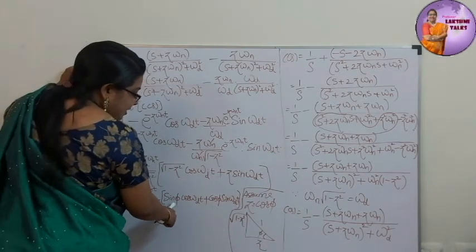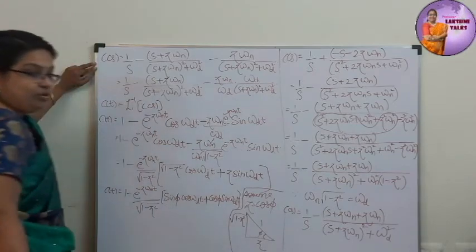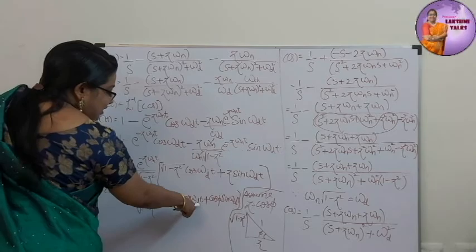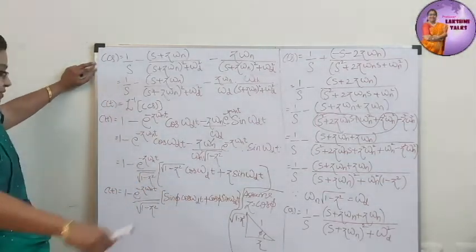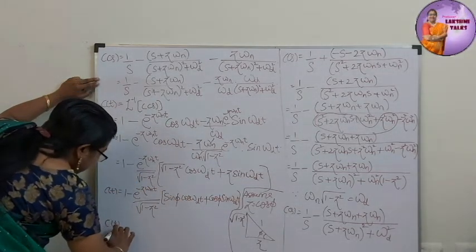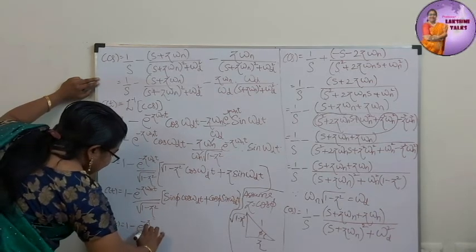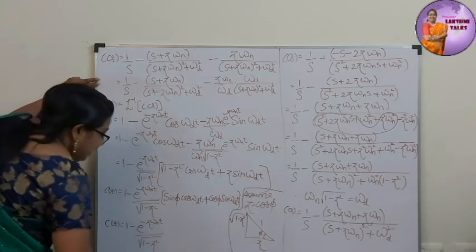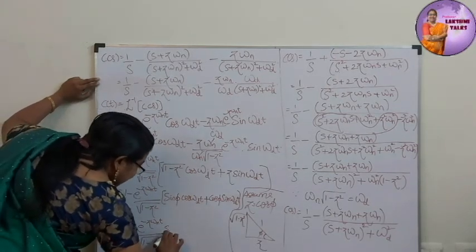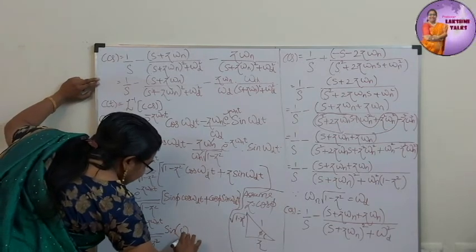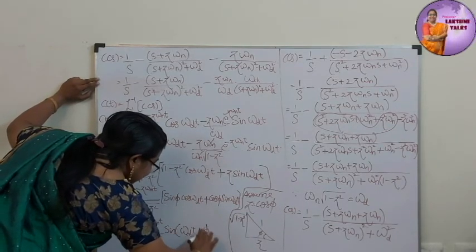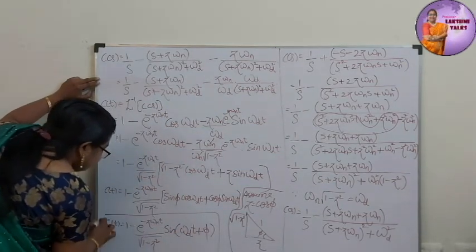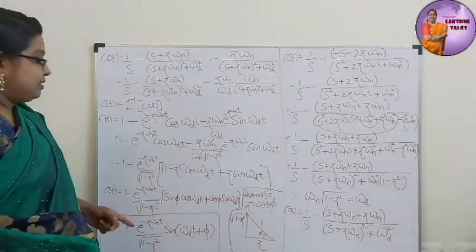This is of the form sin a cos b plus cos a sin b. What is that? It is sin of (a plus b). What is a? Phi, and b is omega d t. So sin of (omega d t plus phi). So the c of t expression becomes 1 minus e power minus zeta omega n t divided by root of 1 minus zeta square, times sin of (omega d t plus phi). This is the final expression.